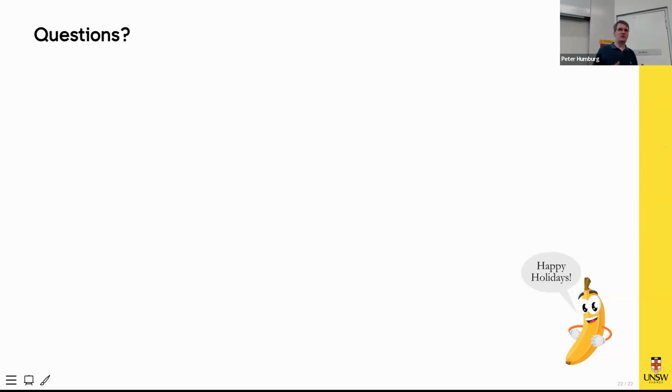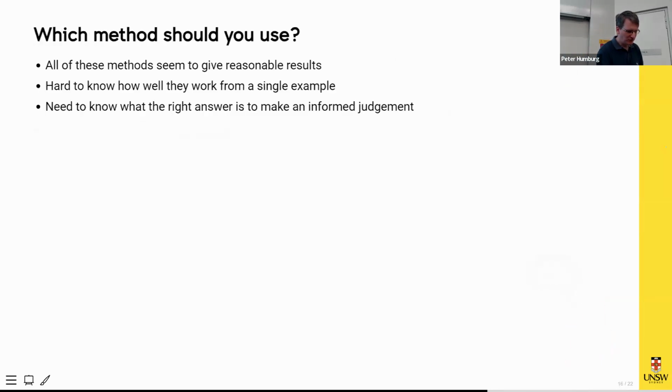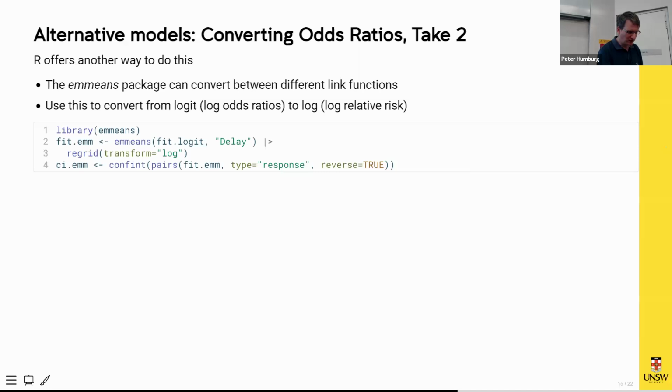Well, one thing you can do is this regridding thing in EM-means, right? Which is what I did here. Somewhere here is the code. That will just give you relative risk estimates for the different groups that you define in EM-means.